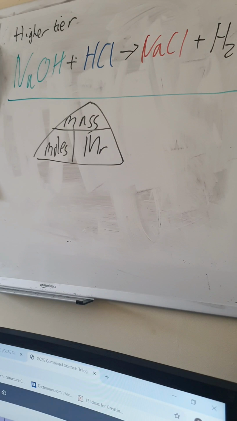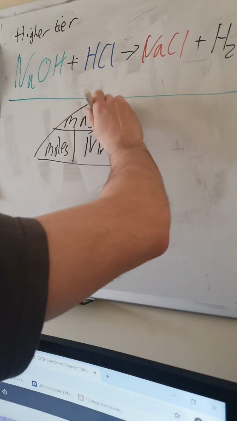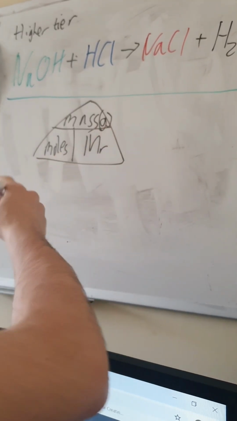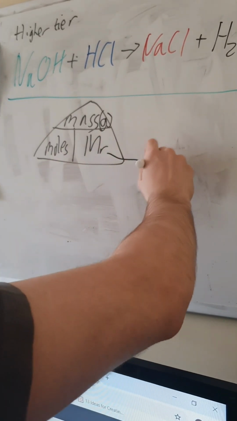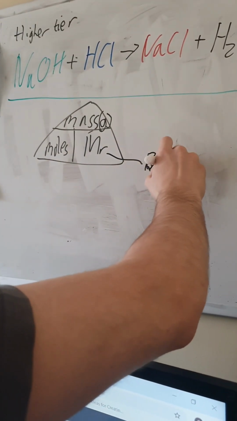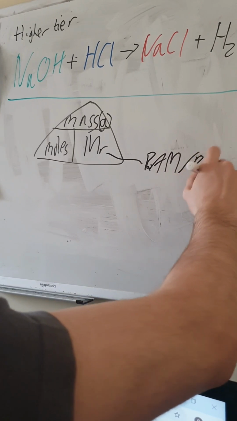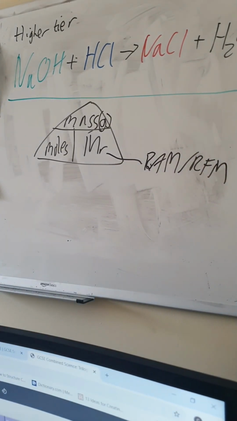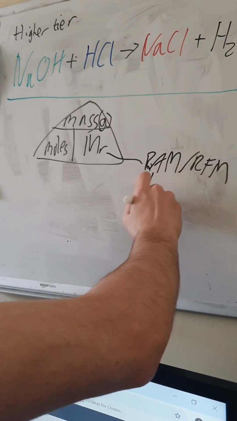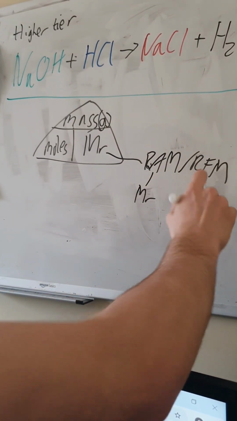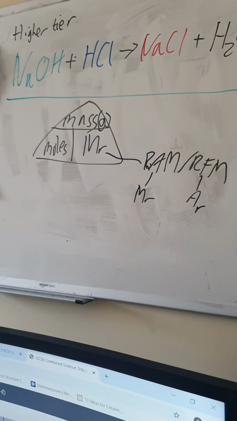All that means is that we can convert between mass in grams, MR, which doesn't have a unit, or that could be relative atomic mass. I've looked at it as RAM before, or RFM, and moles. Now, another way of writing RAM is AR.